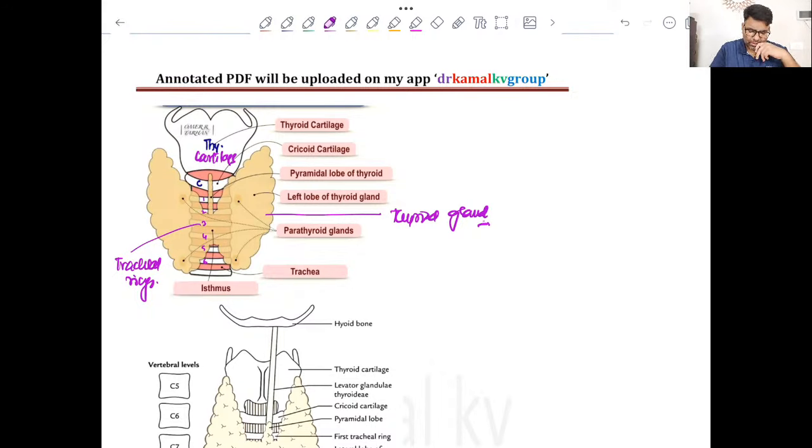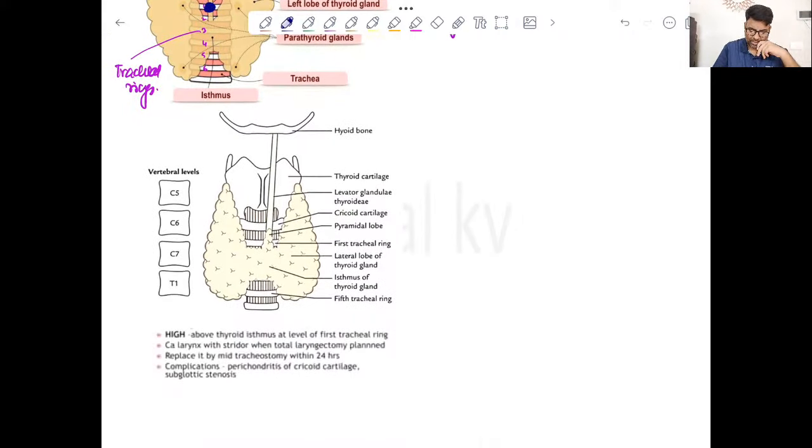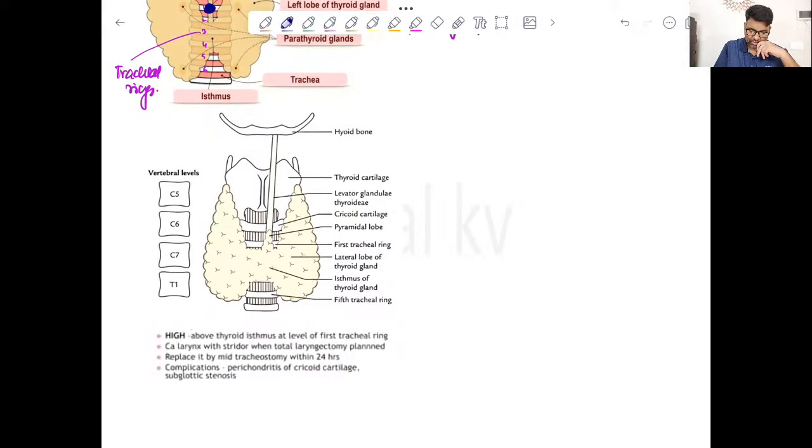When we are saying that we are going for high tracheostomy, it is actually this area where we'll be making an opening, through the first tracheal ring. Again, this is the area of doing high tracheostomy. And you can see this is the isthmus.